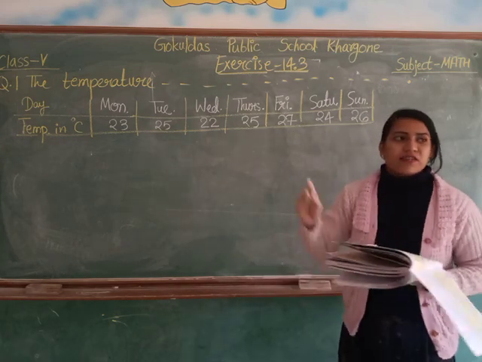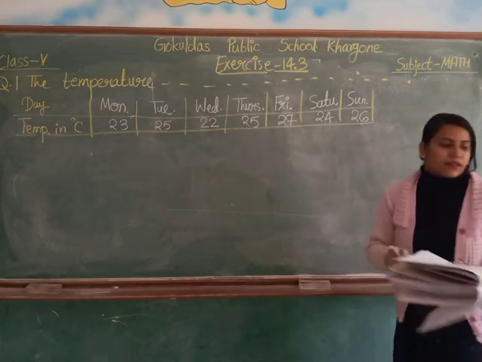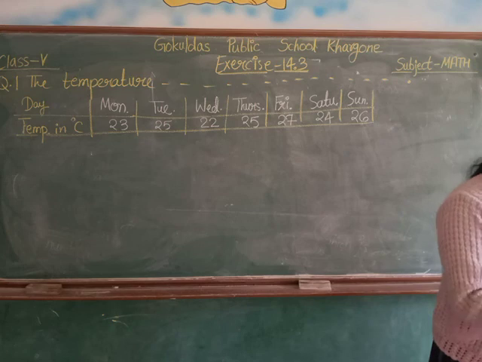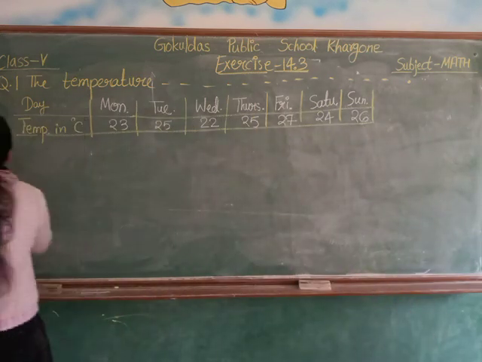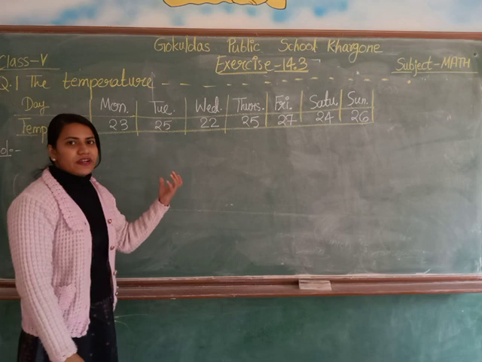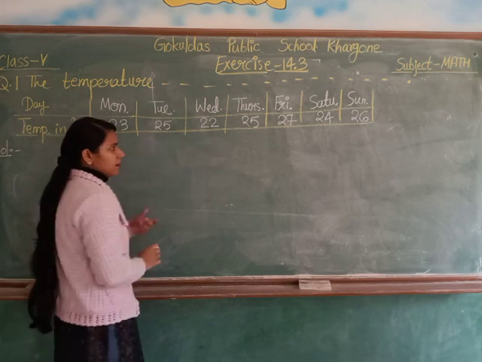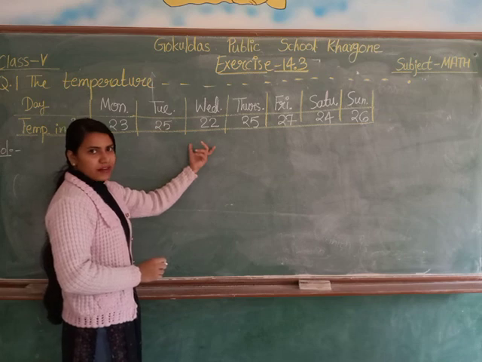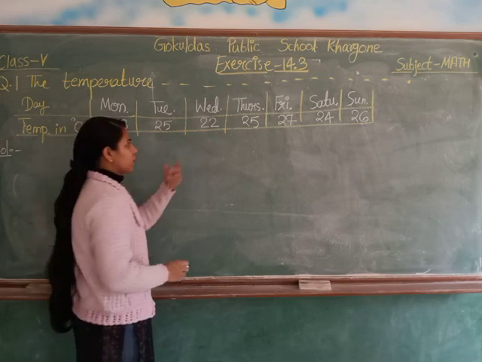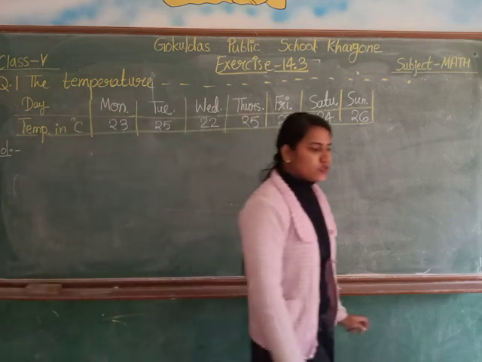Now what is our task? Our task is to plot this given data in a line graph. So what will you do? You will take a graph paper. On that graph paper you will write the title. So what is this data showing us?